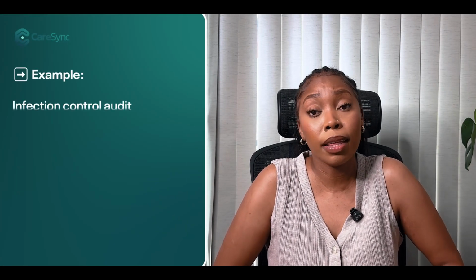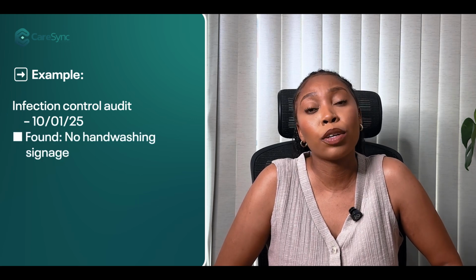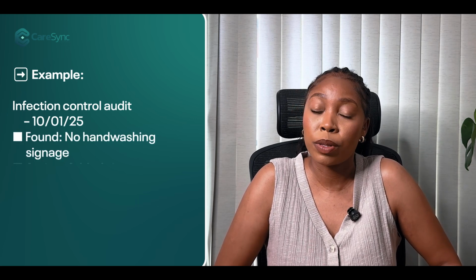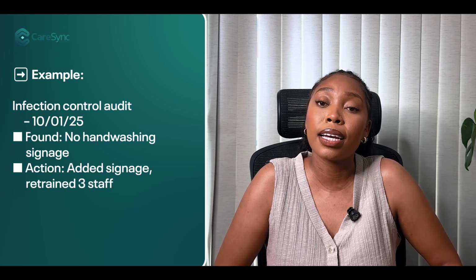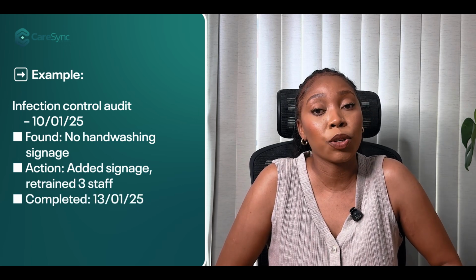For example, an infection control audit took place on the 10th of January 2025. What was found? That there was no hand washing signage across the rooms. And the action for this? We added signage and retrained 3 members of staff. This was completed on the 13th of January 2025, which shows fast action, clear ownership. That's what CQC wants to see.